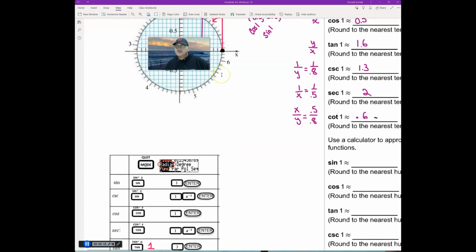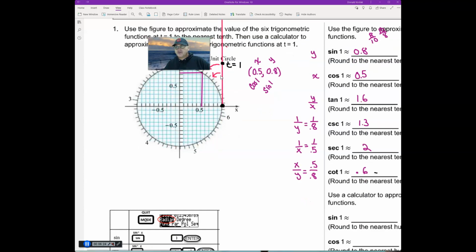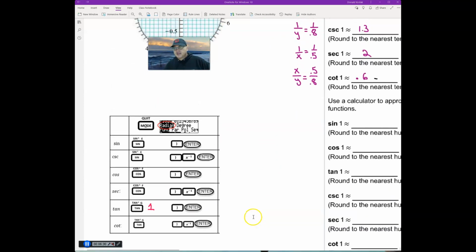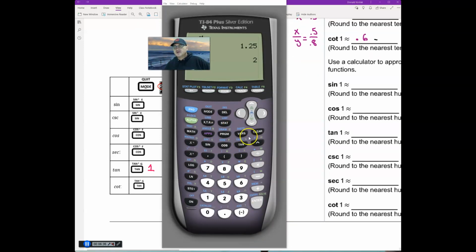These lengths, when you're dealing with a real number here, like 1, or this could be anything, it could be 2.4, it could be pi over 3, those are all radians, because they're based on the length of the radius of that circle. So you have to make sure that your calculator is set to radians. So we press mode, and we want to be sure that the word radian is highlighted, and it is.